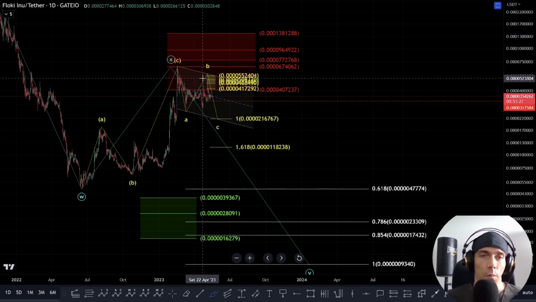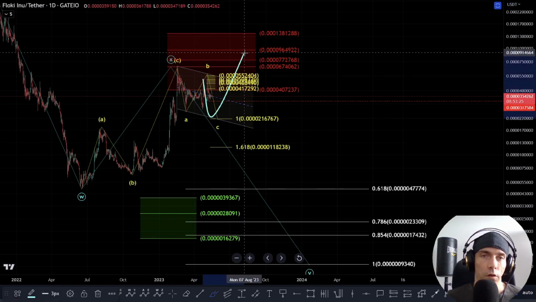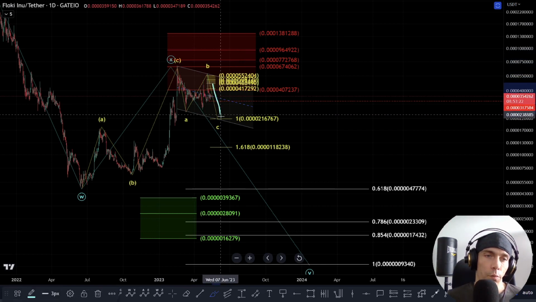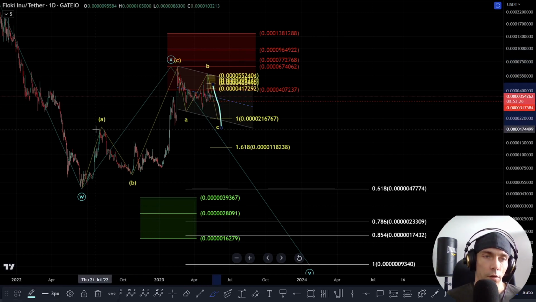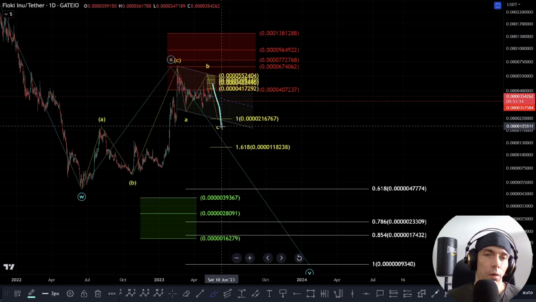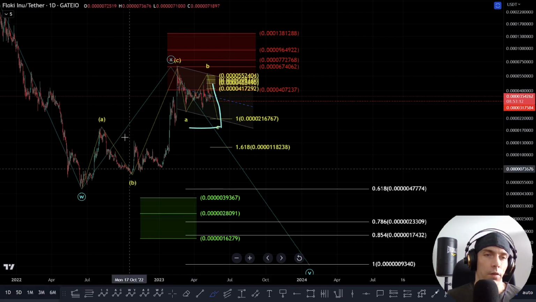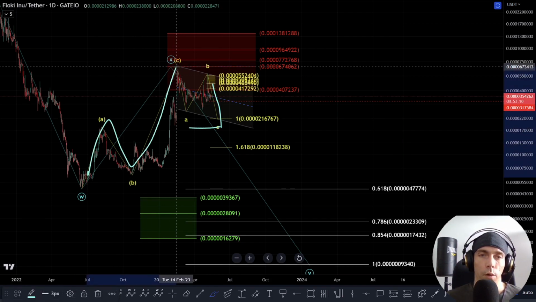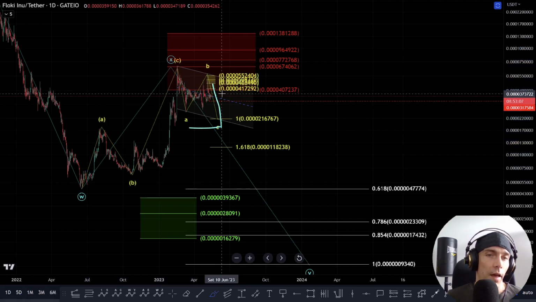If we do come back into this channel, potentially we have a chance to reverse. If, however, we start to break down below this channel and we start to challenge this high here at this 1174449, then basically we would invalidate that idea that this can be 1, 2, 3, 4, and 5 at that point.